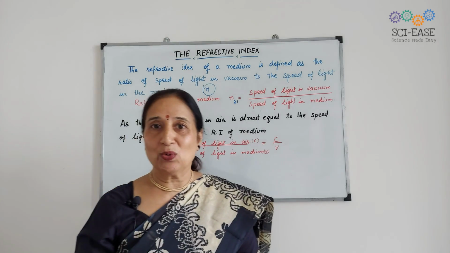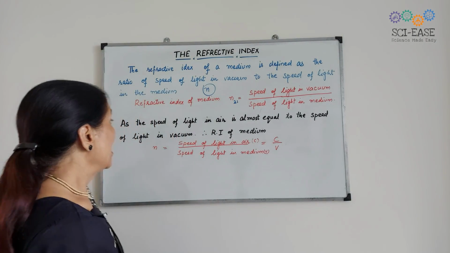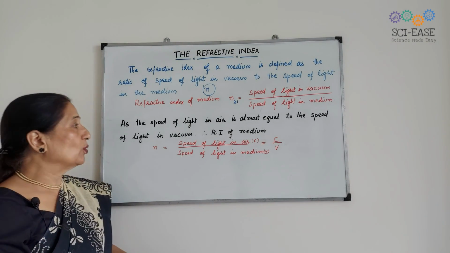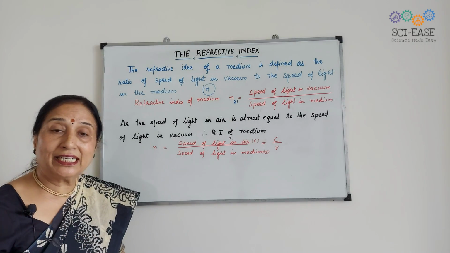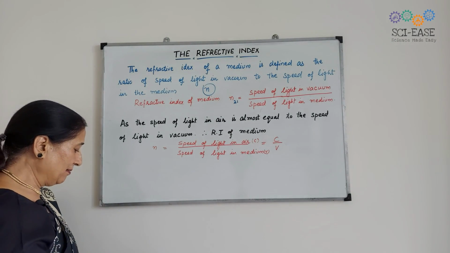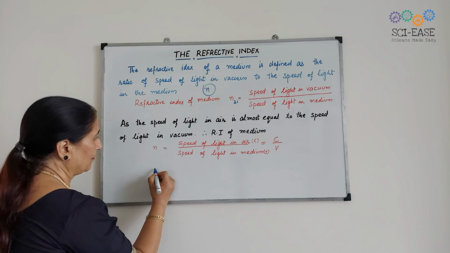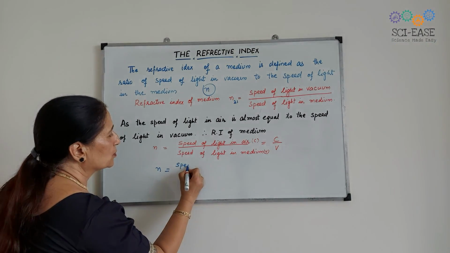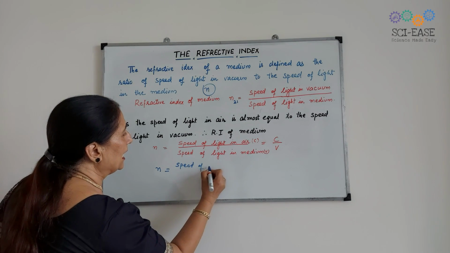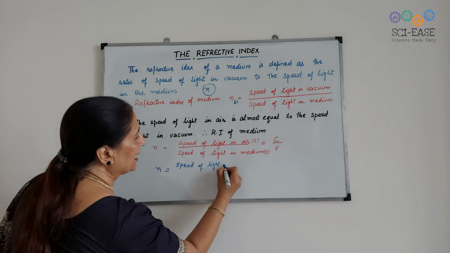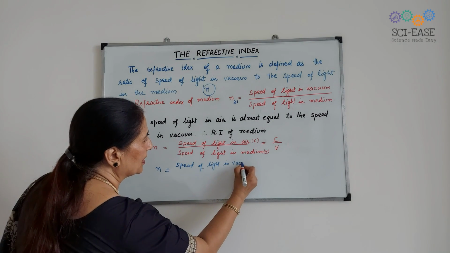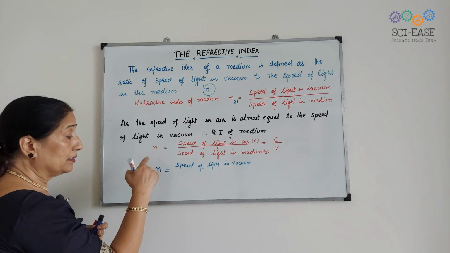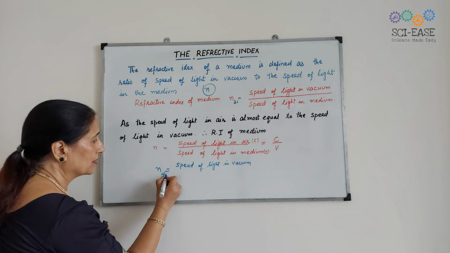Now how can we calculate? I will take one example. Suppose we are to calculate the refractive index, that is N, where the relationship is speed of light in vacuum over speed of light in glass.